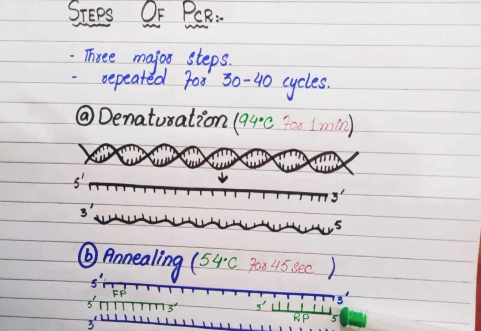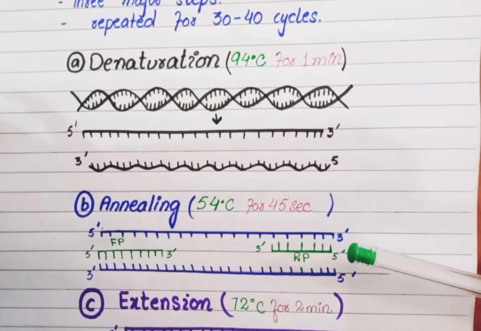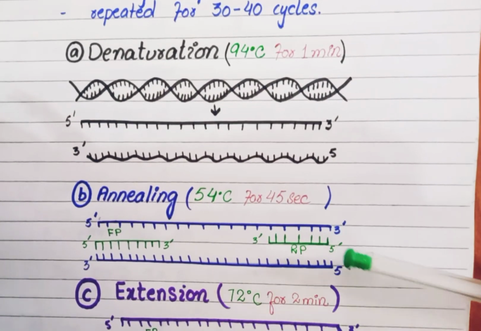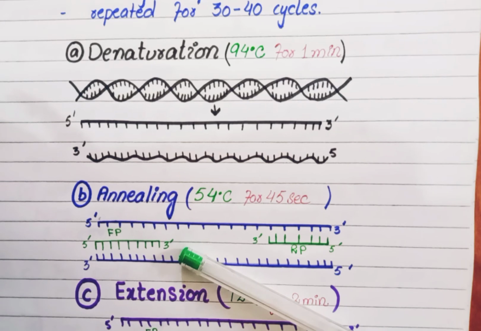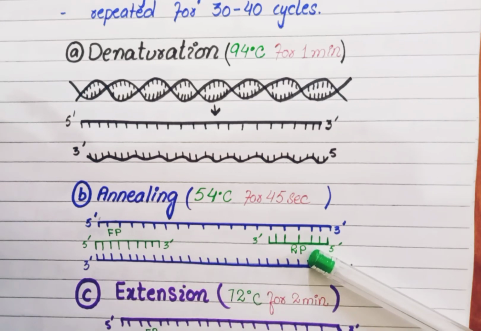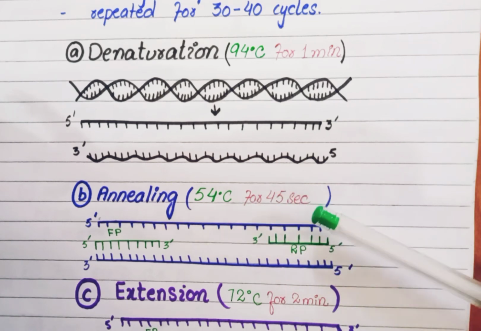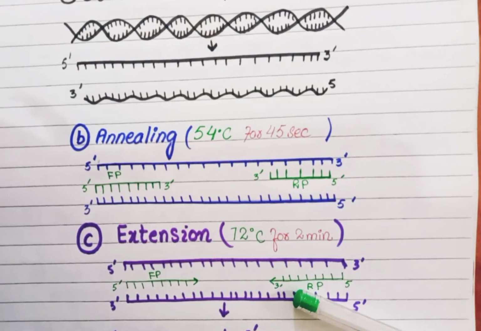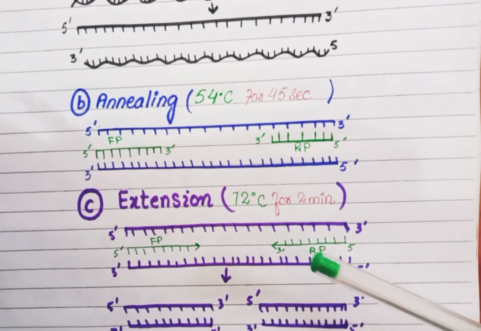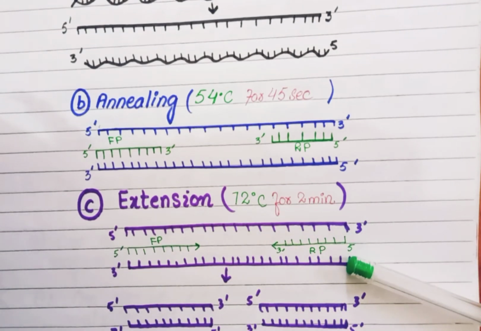The second step is annealing. In this step, we add the primers, either the forward or the reverse primer. What is the temperature of annealing? 54 degrees Celsius for about 45 seconds. Next we have extension. In this step, the separated strands are extended.